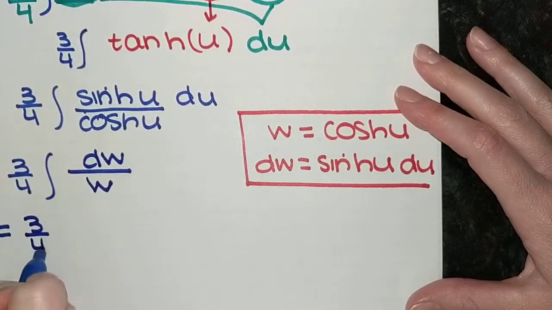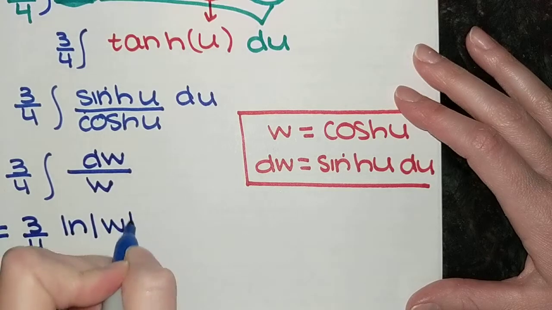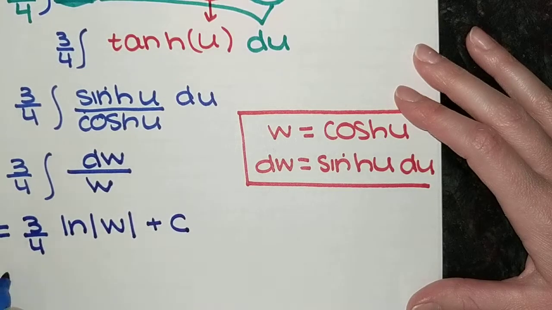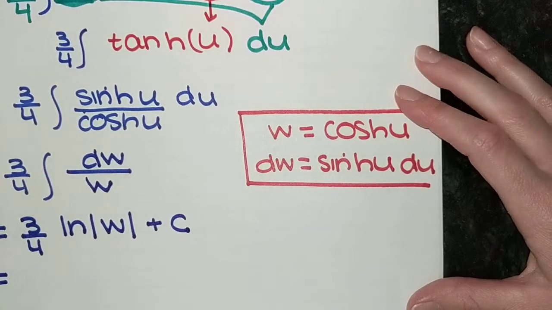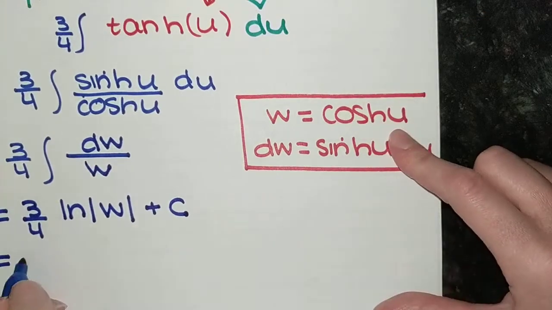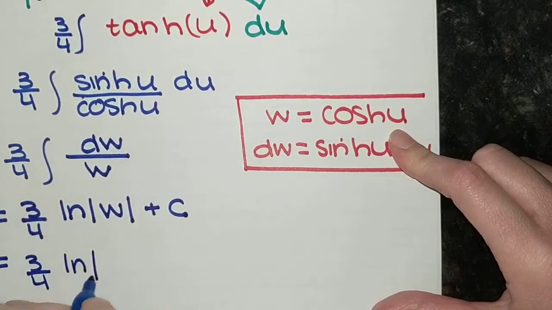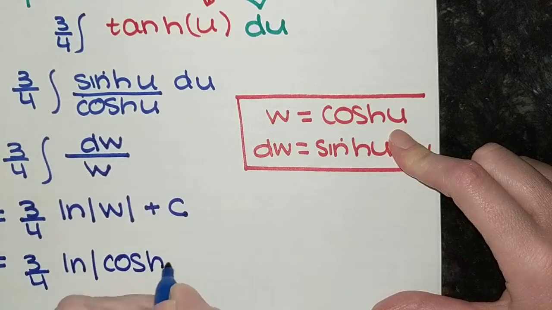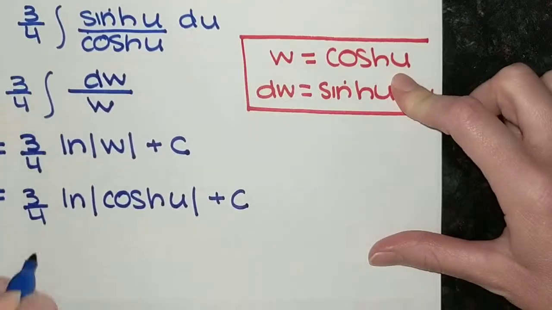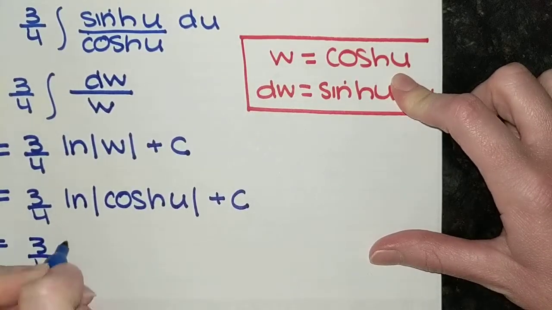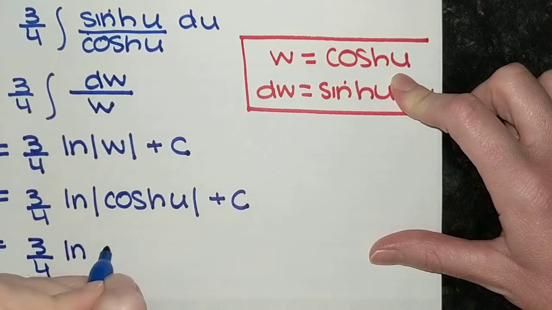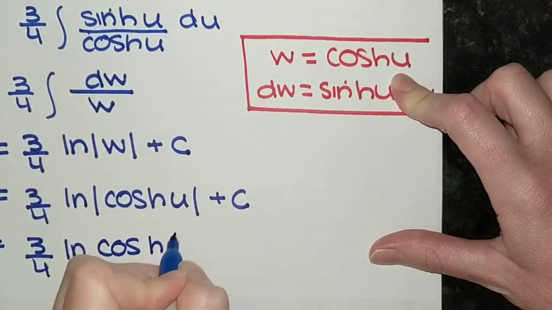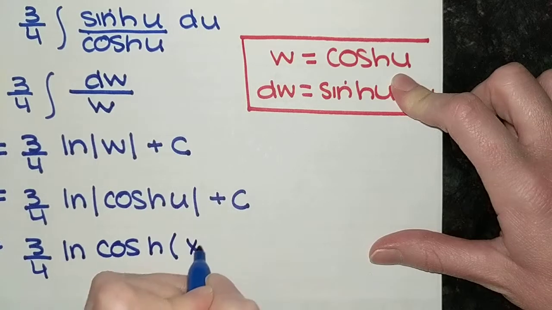That goes to the natural log absolute value of w plus c. And now we work our way backwards to plug in our w, which was hyperbolic cosine of u plus c. And then finally, plugging in our u, which was equal to x to the fourth.